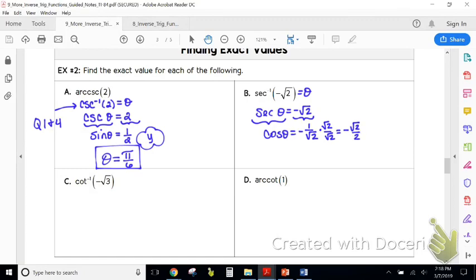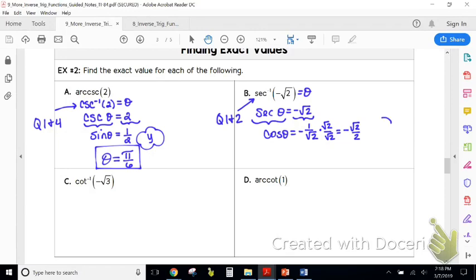Now we're talking about the arc secant. So we're looking at quadrants what? 1 and 2. And I said arc. Sorry, I meant inverse. Same thing, but I know we're used to hearing inverse secant. How do you all know that it's those quadrants? Okay, so we're looking for where cosine is a negative square root of 2 over 2 in either quadrants 1 or 2.